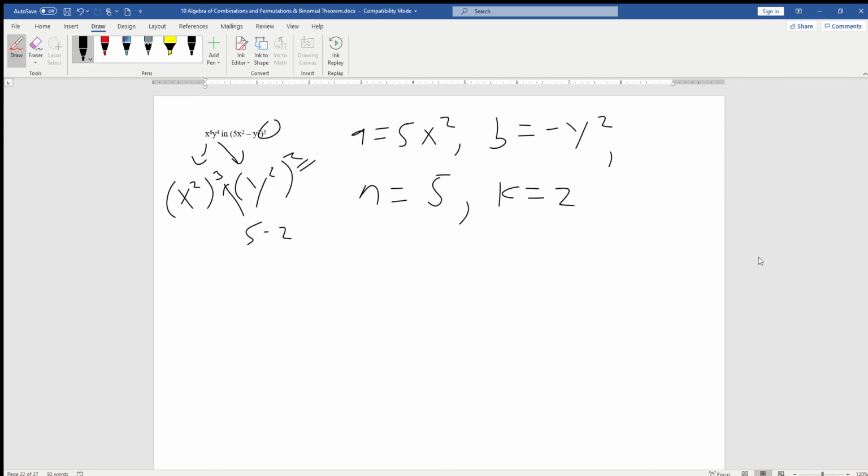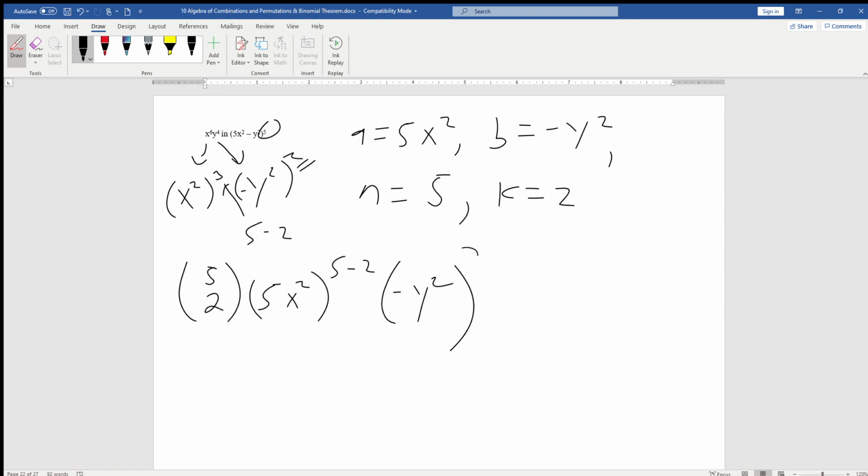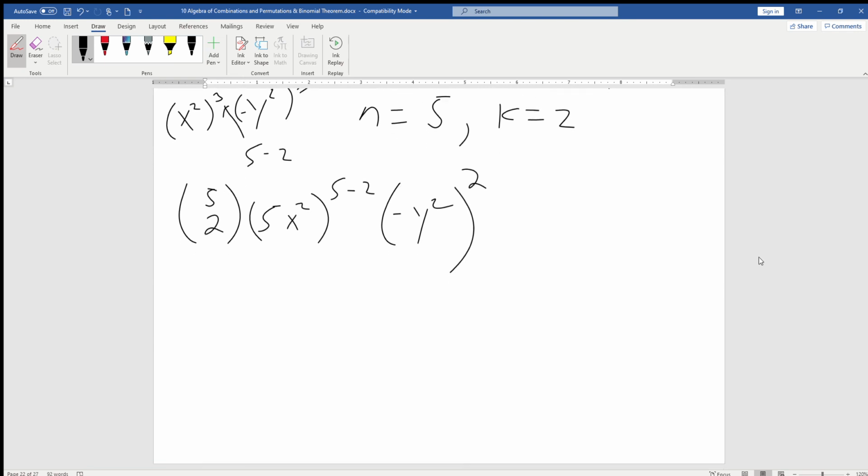So finally, we just throw it into the binomial formula. So we have n combination k, 5 combination 2, 5x squared to the n minus k, 5 minus 2 power, and then finally negative y squared to the k power, which is 2. At this point we compute. I'll verify this in a moment. 5 combination 2 is 10.